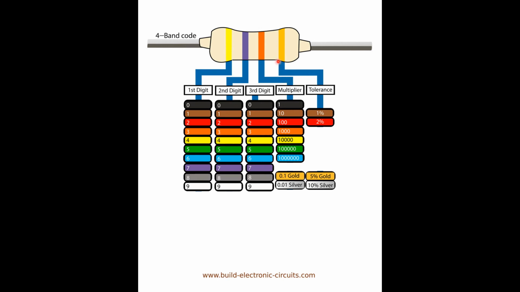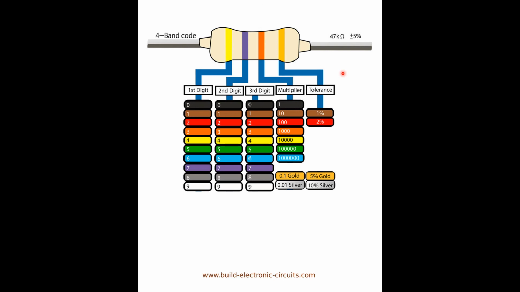Here it is the multiplier, because we are talking about 4 bands. So 47 multiplied by what? 10 raised to 3. It is 1000. So 47,000 or 47 kilo ohm. Okay, and lastly we have the golden band, so 5% tolerance. So 47 kilo ohm with 5% tolerance, plus or minus 5%. It is the resistance value for this resistor.